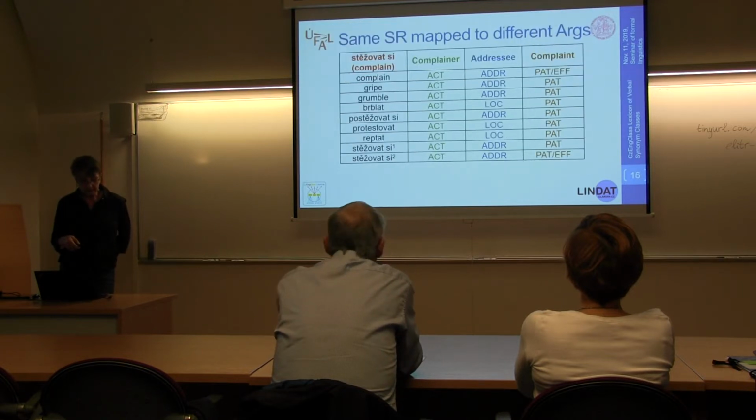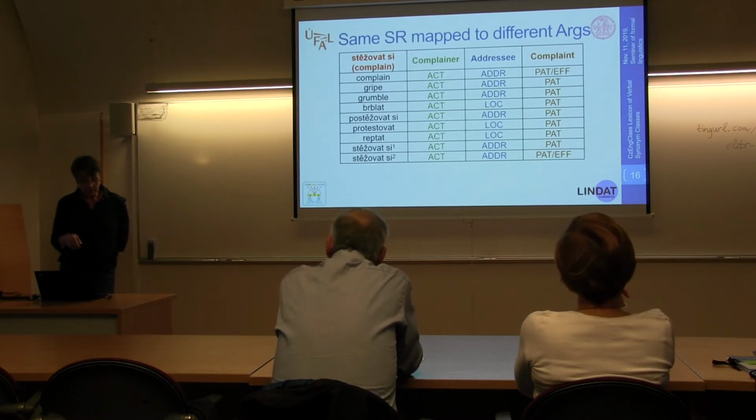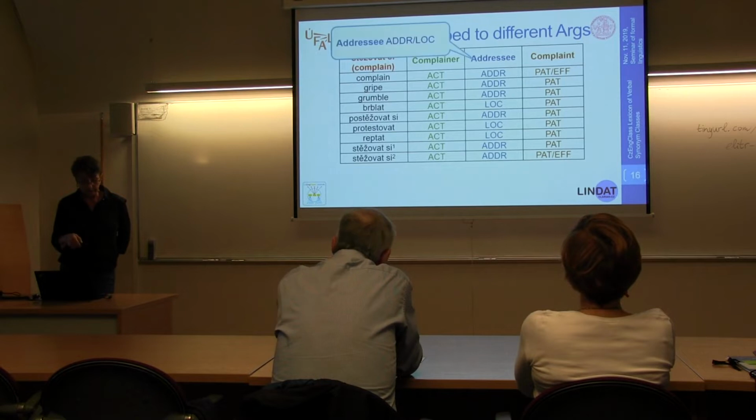But sometimes the mapping is more complicated. For example, in our class stěžovat si, complain, one semantic role can be mapped to more valency arguments. Like here, the semantic role addressee can be expressed either as addressee or as location.